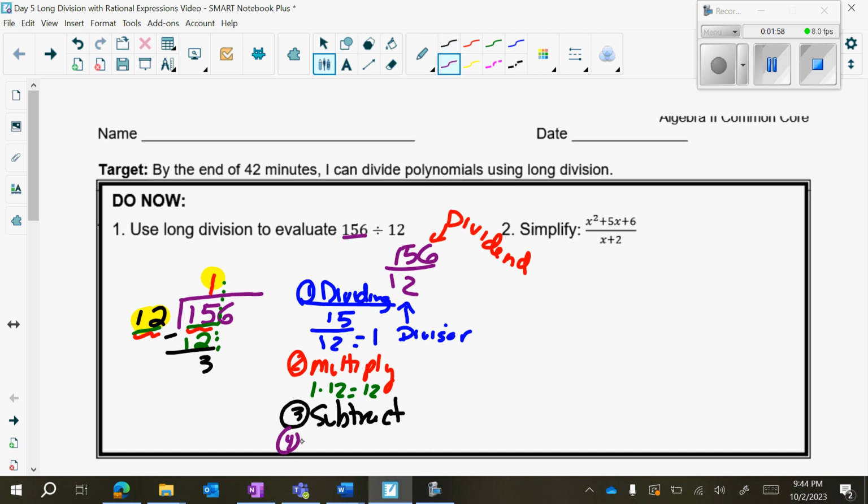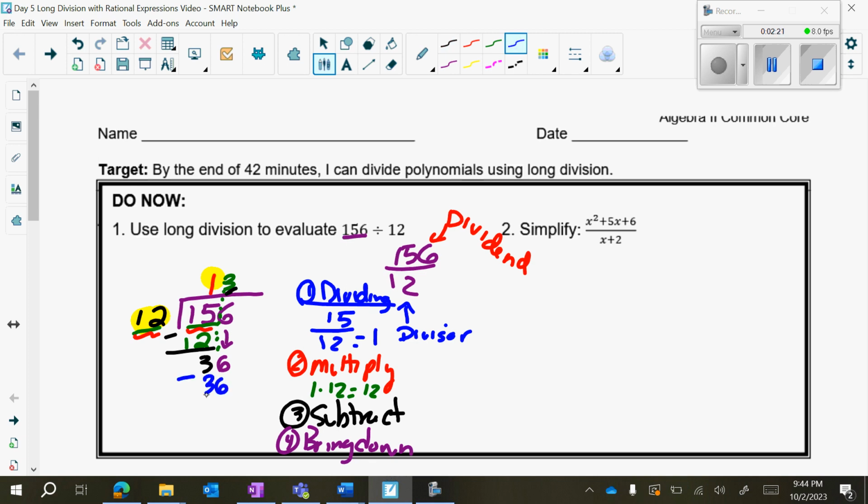We would bring down the next term, bring down the next number, okay? So we would put a little arrow, bring it down, and then we repeat. So we would divide 36 by 12, which is 3. Then we would multiply 3 times 12, which is 36.